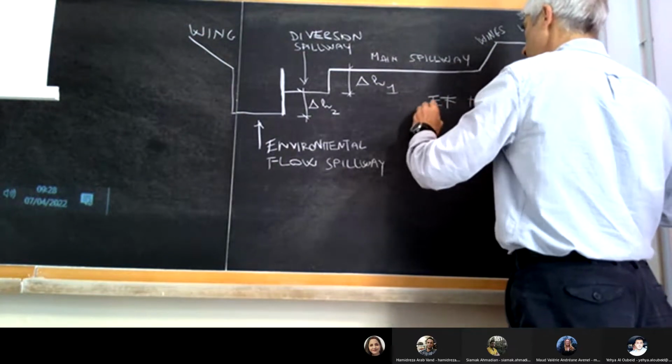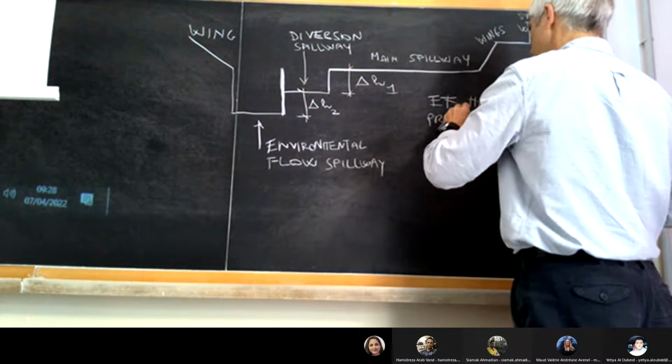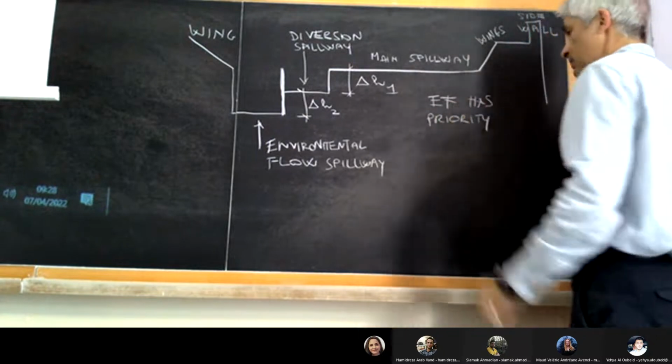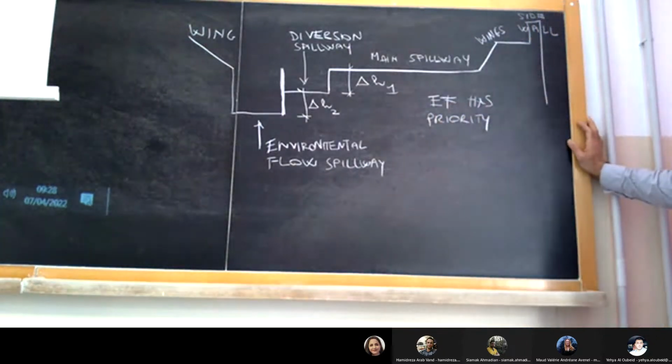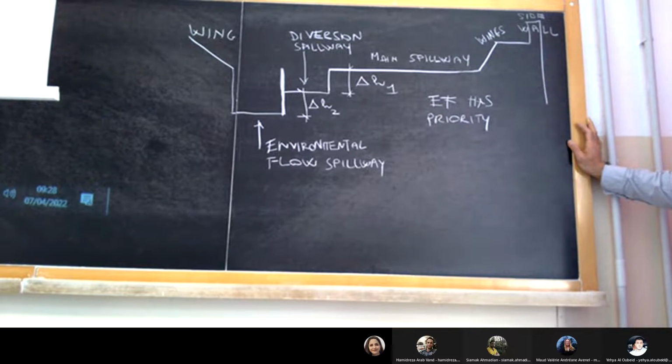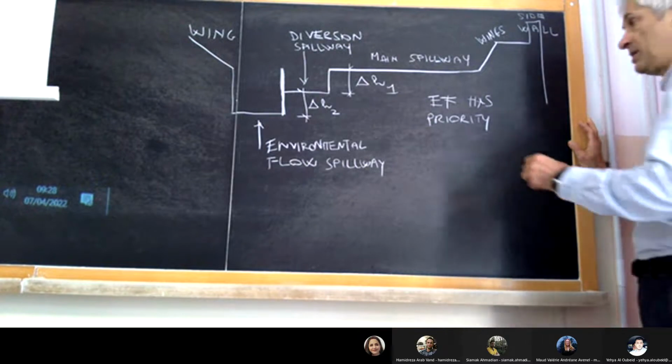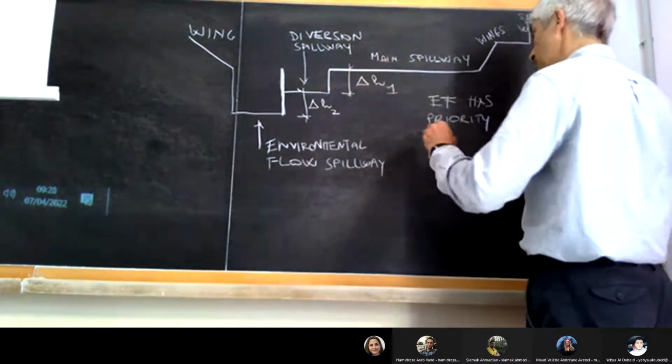So this is why it's the lower. The environmental flow spillway is the lower. And what I said is we have to make sure that we don't divert any water until we have the environmental flow downstream.